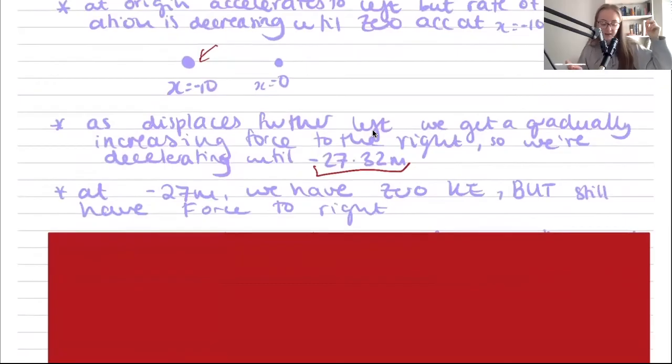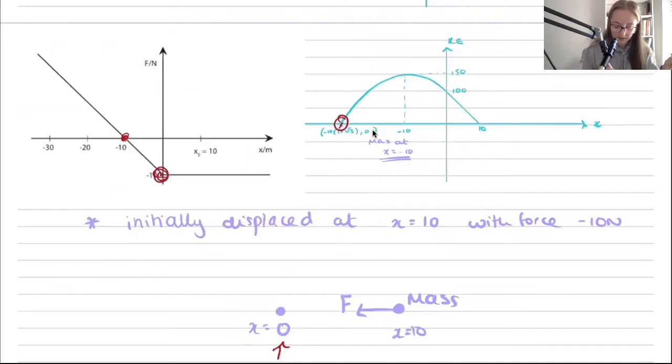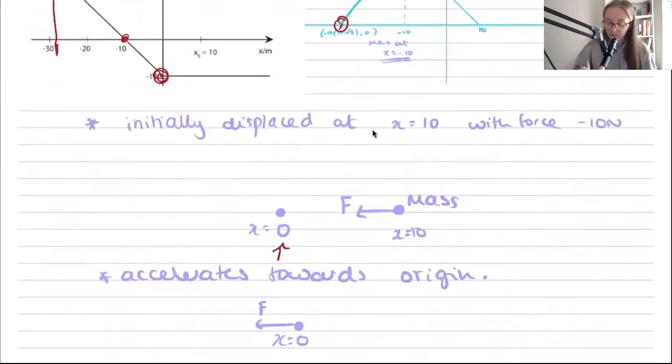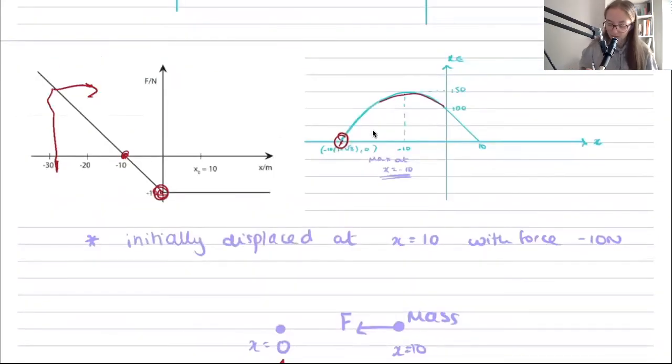And then at minus 27 meters, we have no kinetic energy, so we are not moving, but we still have this force to the right here. So we're still, but we're being pulled that way. So that means that we are going to begin to accelerate in the other direction. And this is where on this graph, essentially, we've gone like this, and then we bounce the other direction.